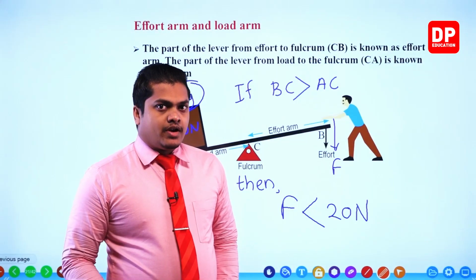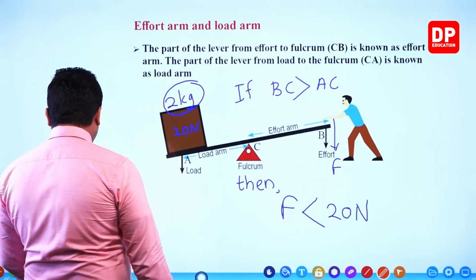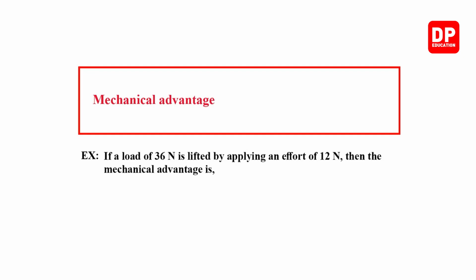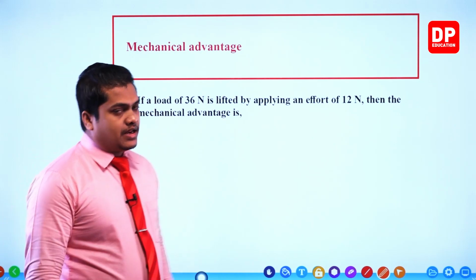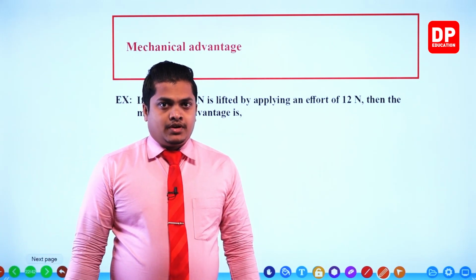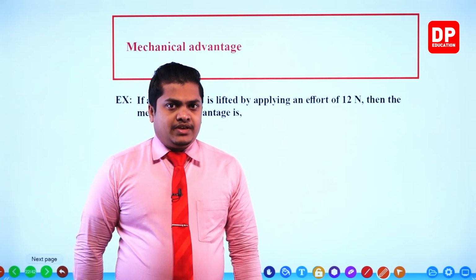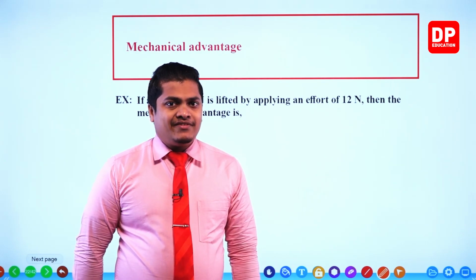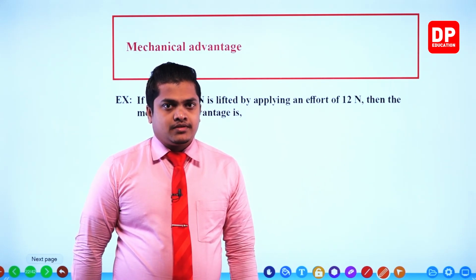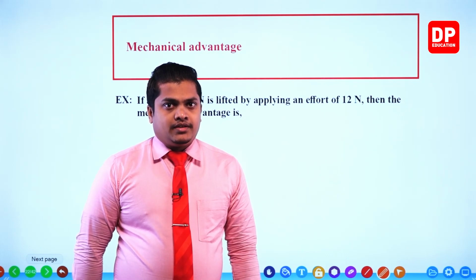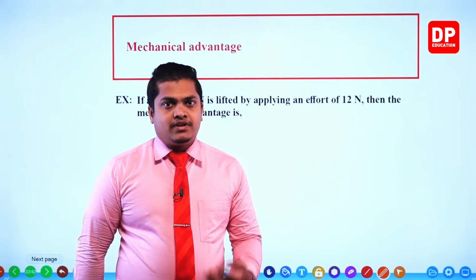Right, my dear children. Now let's head on to see the next content. You are given a certain topic called the mechanical advantage. The mechanical advantage means how beneficial the lever is to us. This is showing the benefit of using the lever, my dear children.